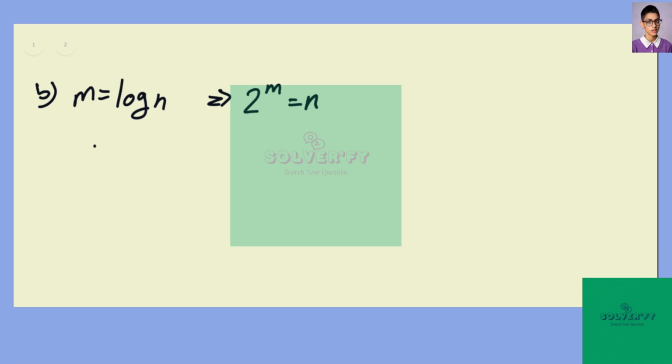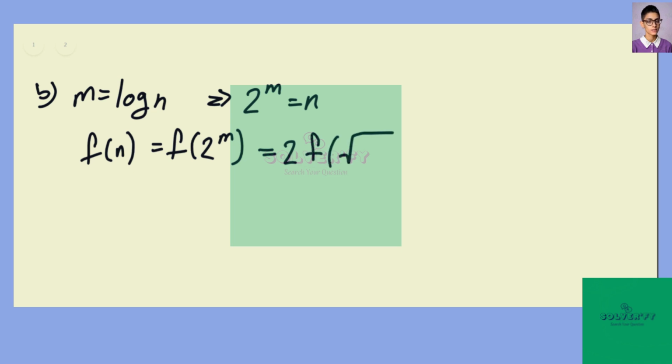So now we can write f(n) as f(2^m). So that's going to give us 2 times f of the square root of 2^m, plus 1.